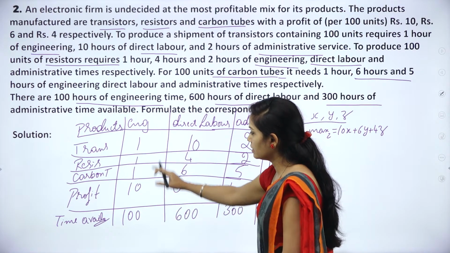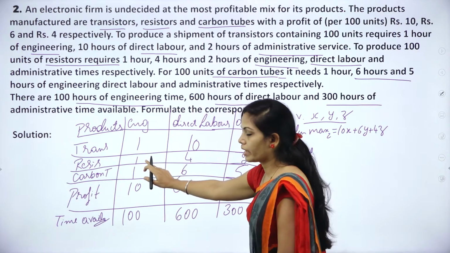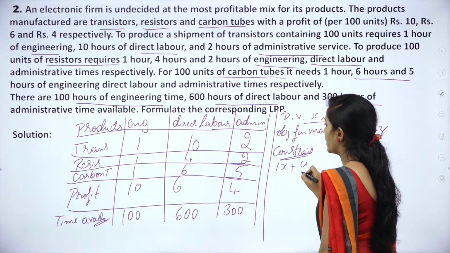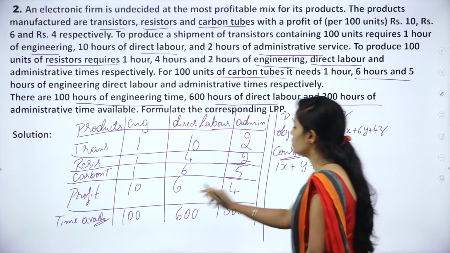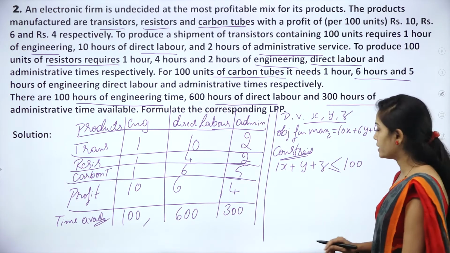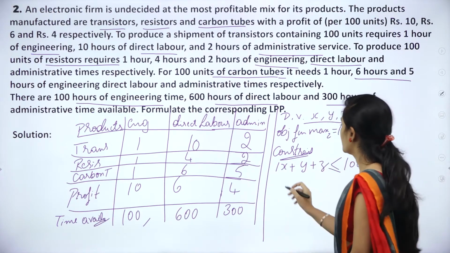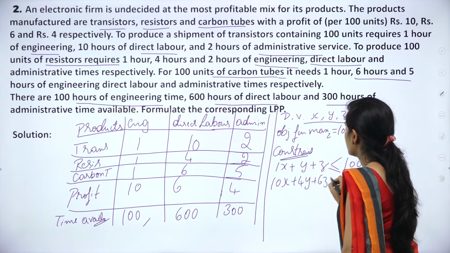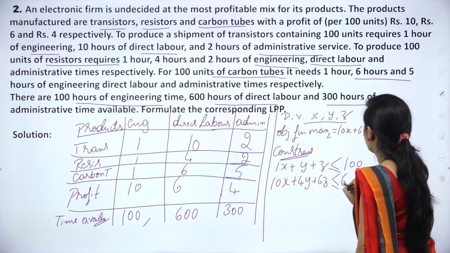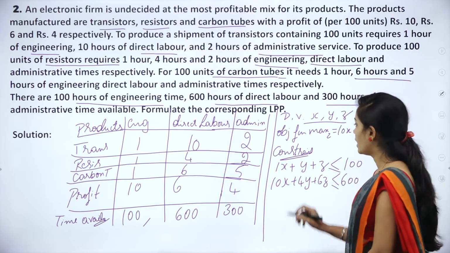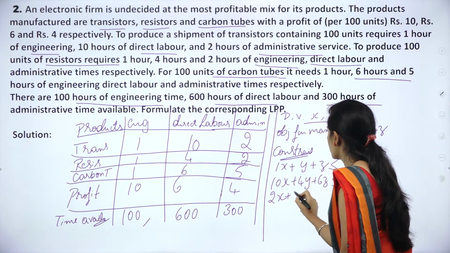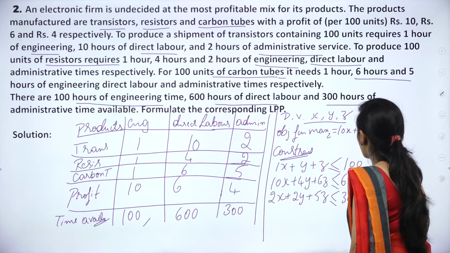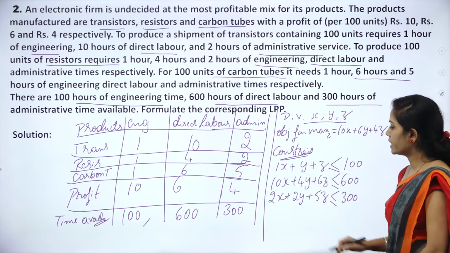So you have to consider like this: 1x plus 1y plus 1z less than or equal to 100, the time availability for engineering. 10x plus 4y plus 6z less than or equal to 600 for direct labor, and 2x plus 2y plus 5z less than or equal to 300 for administrative. So these are our constraints.